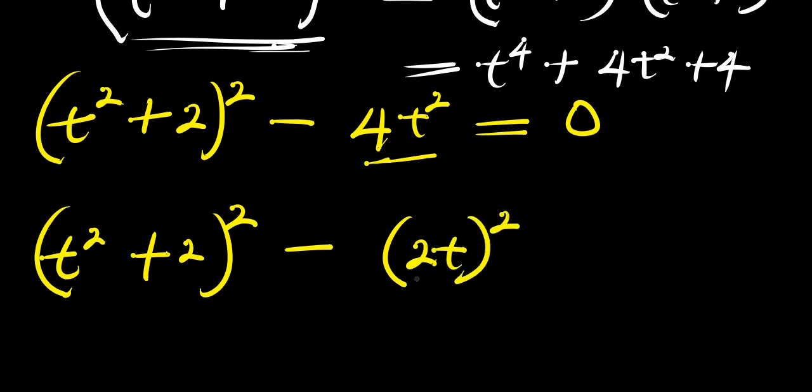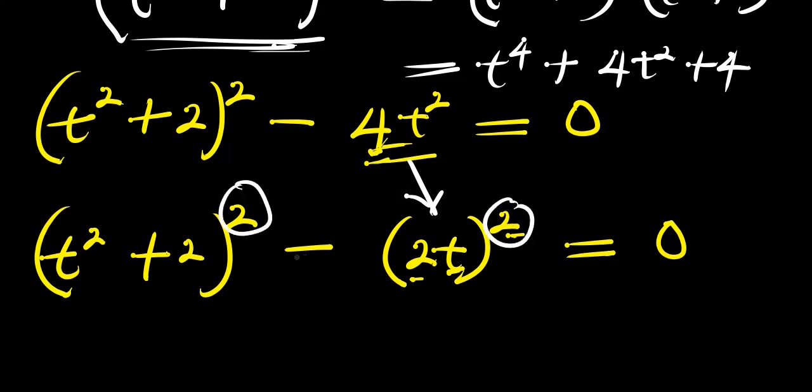Having it in mind that if you have 2 power 2, you are going to have 4, and you have t power 2, you are going to have t squared. So by writing this way, we haven't changed anything, and everything equals 0. So why did we actually write this in this form? Because we want a situation that we have a square here, and we have a square here. And since there is minus here, this makes our work even easier.